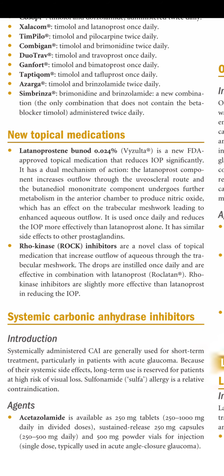Acetazolamide is available as 250 milligram tablets, 250 to 1000 milligram daily in divided doses. There is a sustained release 250 milligram capsule, 250 to 500 milligram daily, and a 500 milligram powder vial for injection. A single dose is typically used in acute angle closure glaucoma.